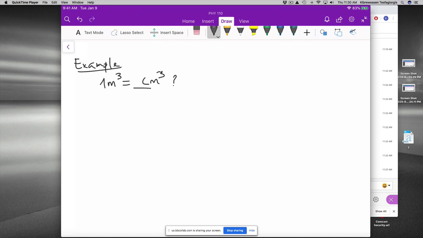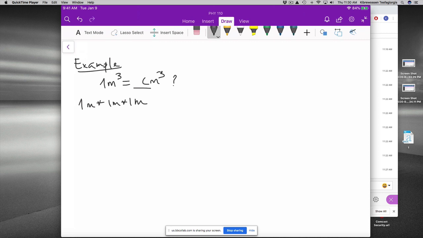So you do not only have 1 meter in that calculation. You need to make multiple multiplications to accommodate the cubes. In general, when you have meter cubed, you have 1 meter times 1 meter times 1 meter. That's what it means, literally.